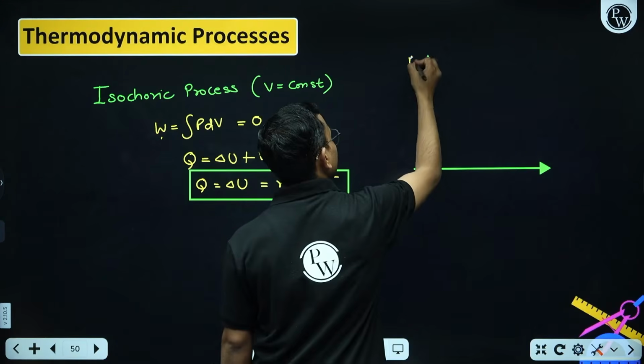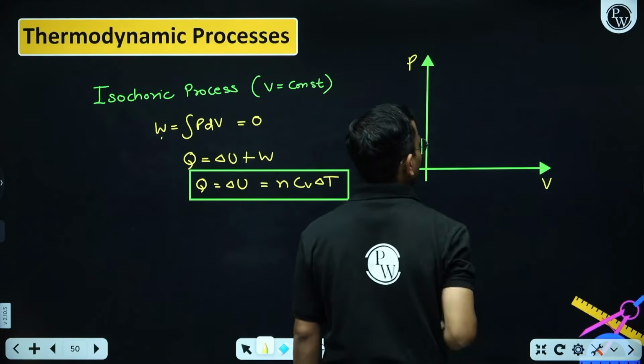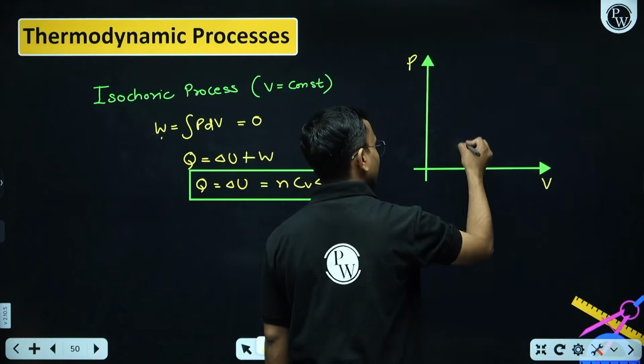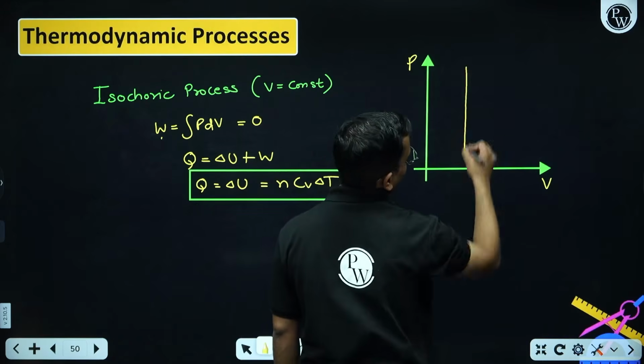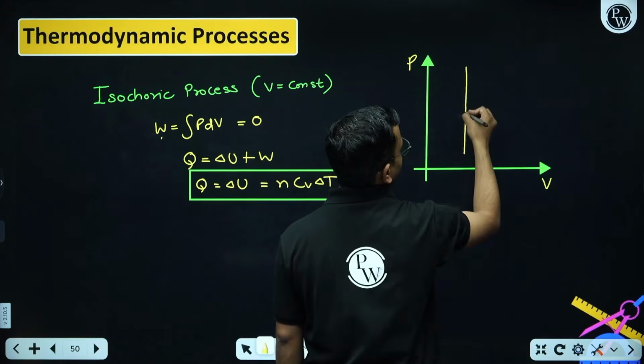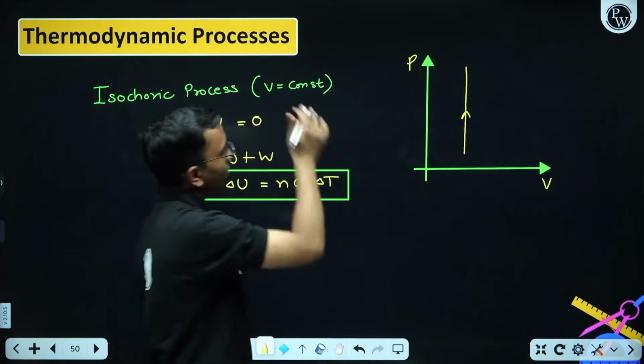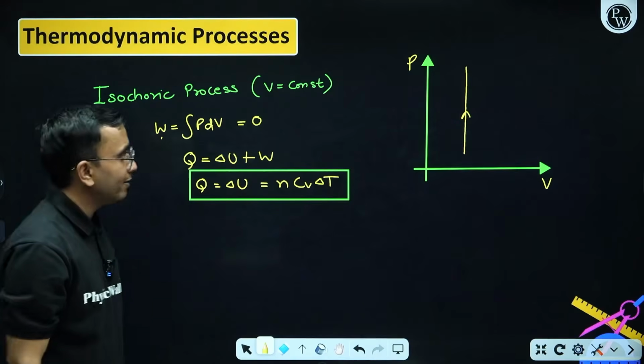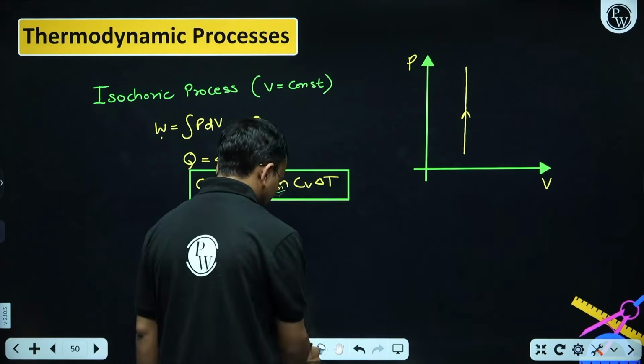This is pressure, this is volume. If volume is constant, it's not changing. So if the pressure is increasing, the curve will go like this, or if it is decreasing, it will come like this. So the curve will be somewhat like this. Volume is constant.